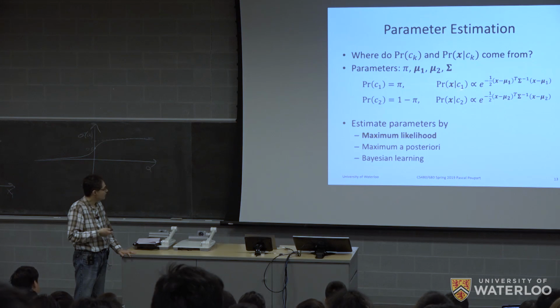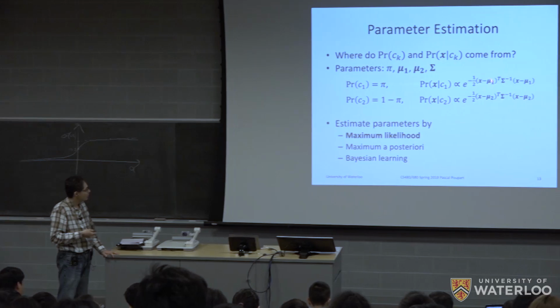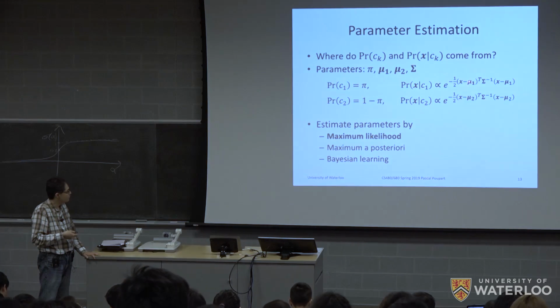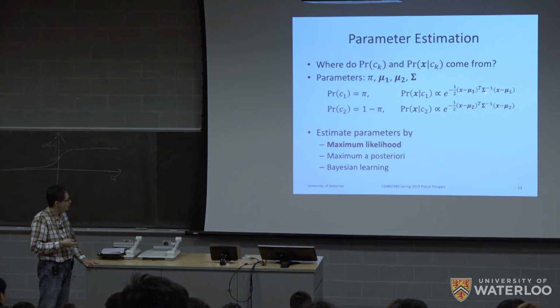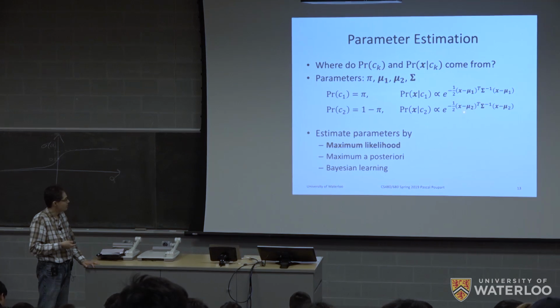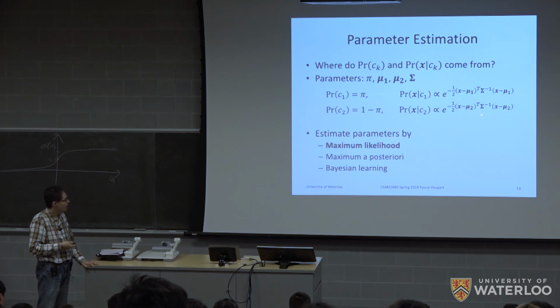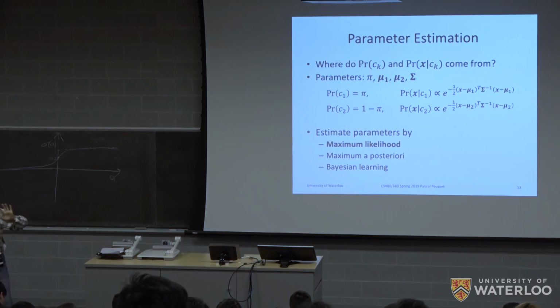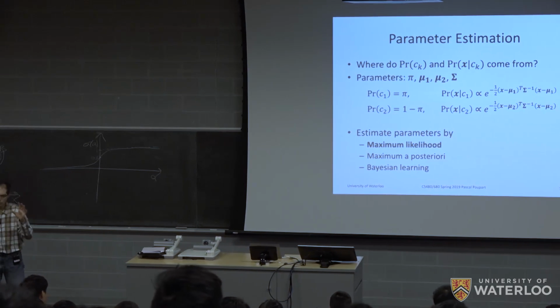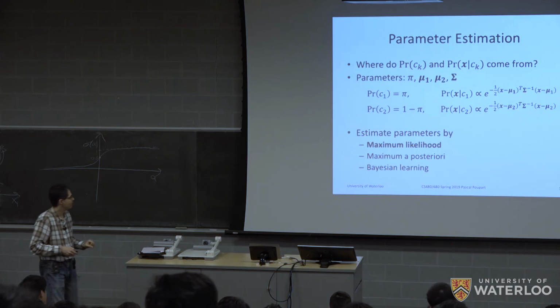And then for each class, there's a conditional distribution that is Gaussian. Here, I'm going to use mu1 to denote the mean of the first Gaussian, and then capital sigma to denote its covariance matrix. For the second Gaussian, it's the same thing, but we have mu2 and capital sigma. So again, here I'm assuming that I've got the same covariance matrix for both classes.